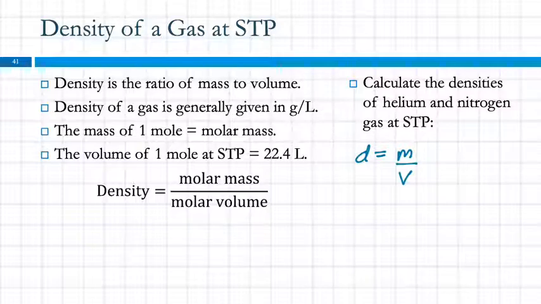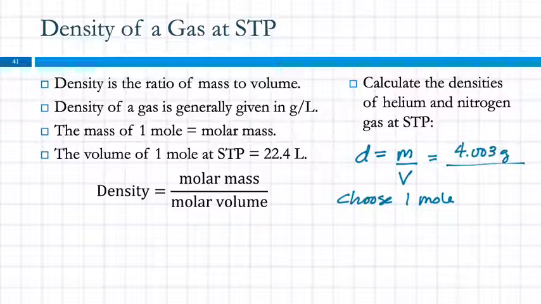So this is where I just choose an amount. It would be convenient to choose 1 mole. So I'm going to choose 1 mole. And then I'm going to ask myself, well, what's the mass of 1 mole of helium? 4.003 grams. At STP, what's the volume of 1 mole of helium? 22.4 liters.